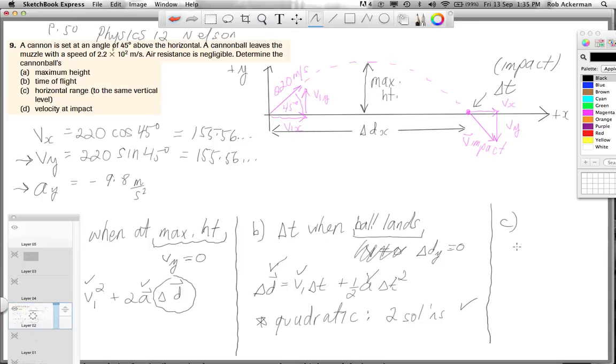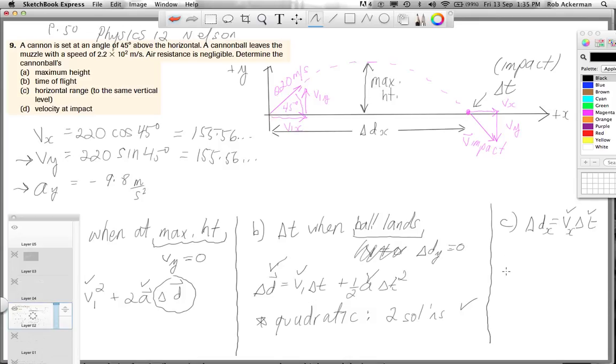Well, what's a formula for constant speed and displacement? It's easy. It's delta D, this time in the x direction, equals V delta T. And just remember, these will have x's underneath them. This is an x idea, a horizontal range question. So since you know Vx and you know delta T, you got that back here in part B, just sub in and solve.